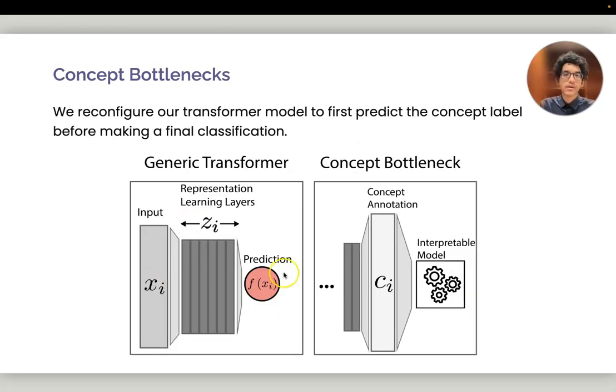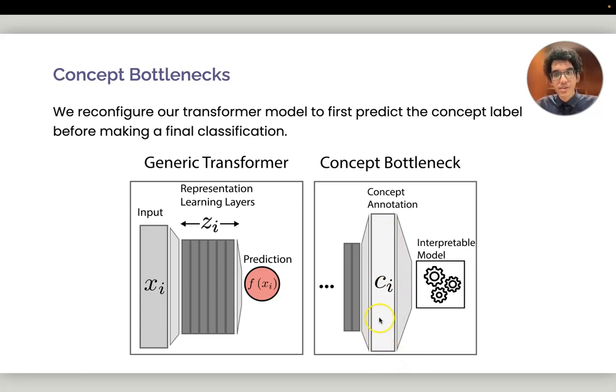Okay, so this is graphically how I think about the difference. This is like our earlier transformer model. It takes the input, transforms it into some sort of embeddings, and from those embeddings, it directly makes a prediction. Versus in the concept bottleneck, we take these embeddings and use them to instead predict the concept annotation.